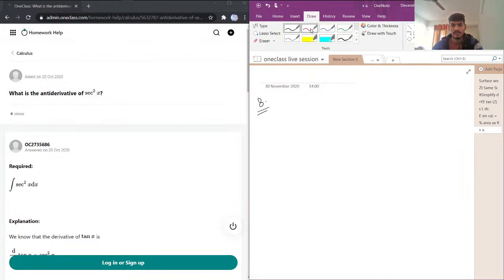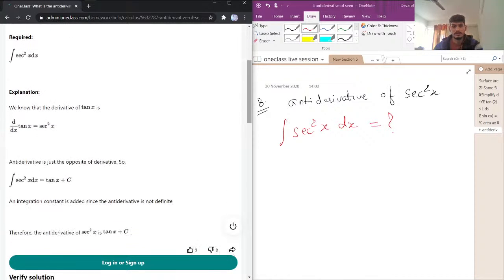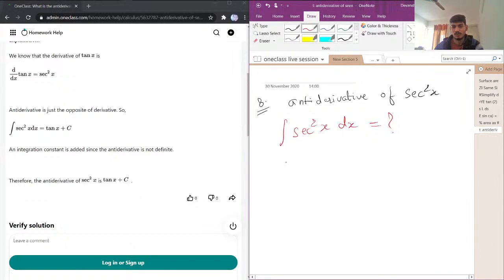So for this we need to find the antiderivative of secant square x. Basically we need to find the integral of secant square x dx. We can have a lot of approaches, but I will go with the direct formula.